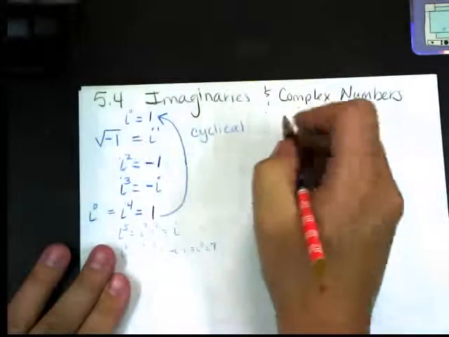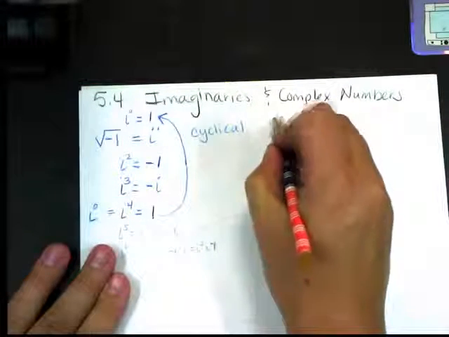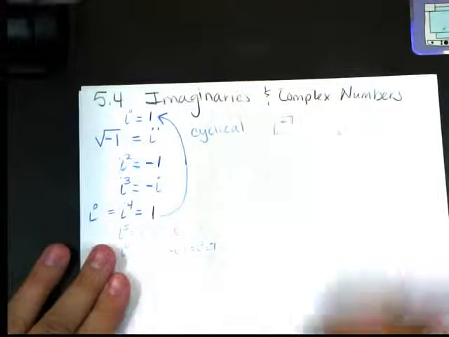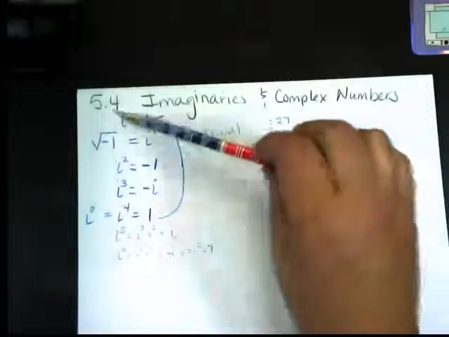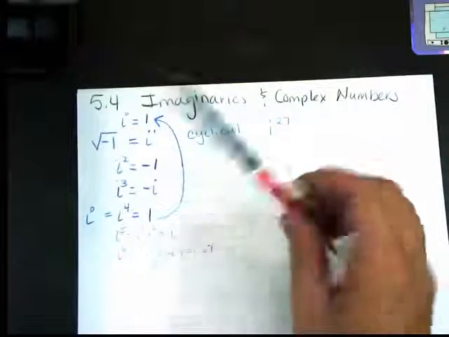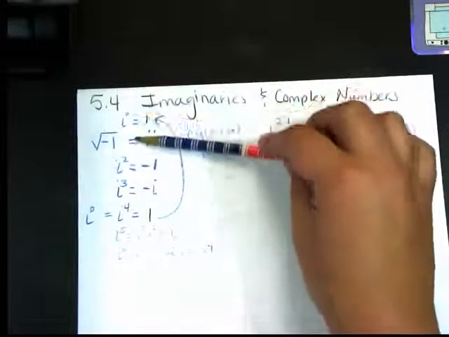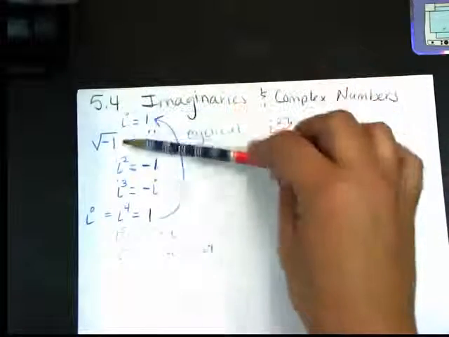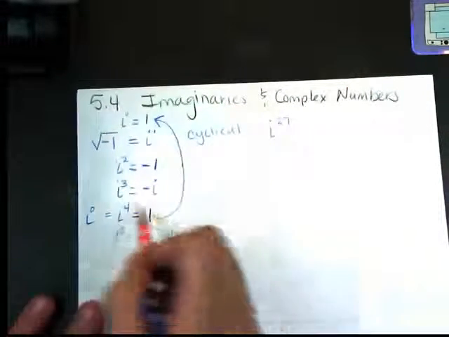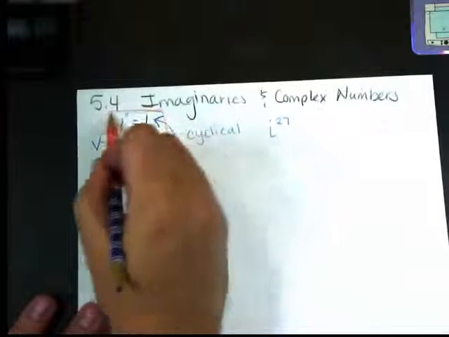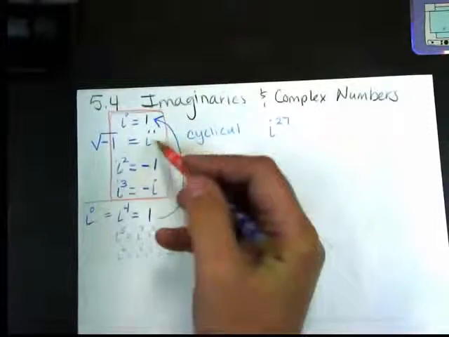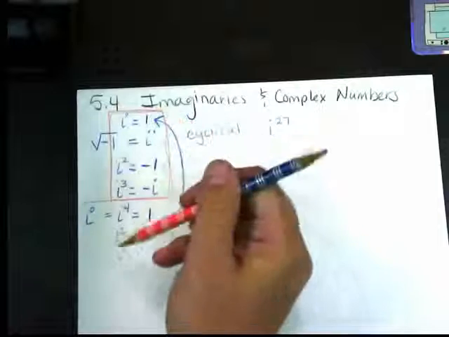The way we do that is we just look at the remainder. So if I have, let's say, i^27. All right, I could count. I could go, okay, here's 0, 1, 2, 3, 4, 5, 6, 7, 8, 9, 10, 11. And I could keep in mind there's our 4 that we're talking about. And I could keep counting and counting and counting.